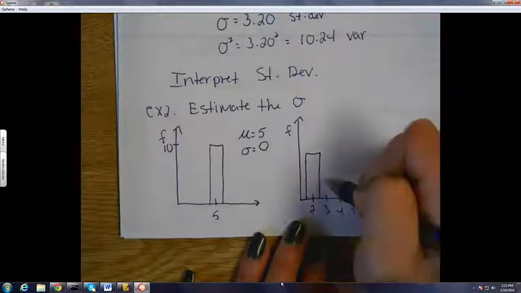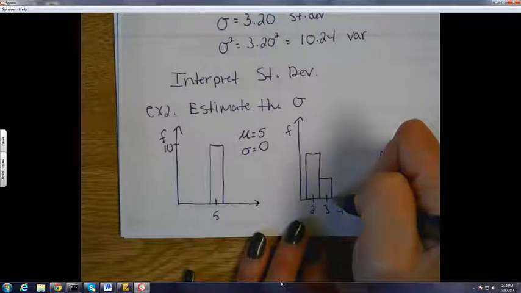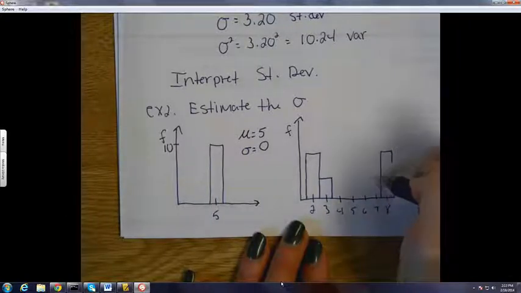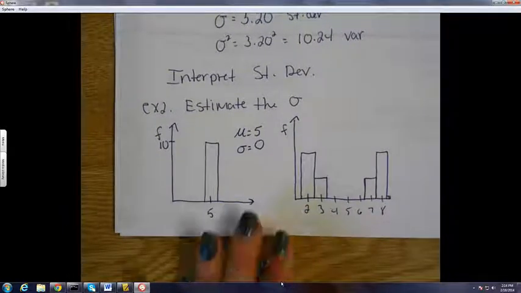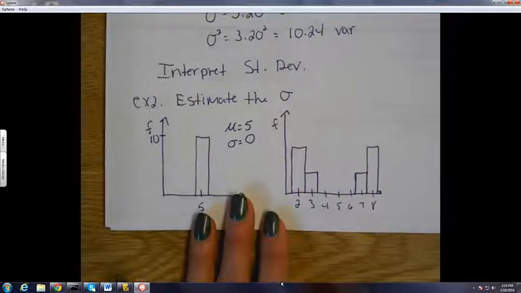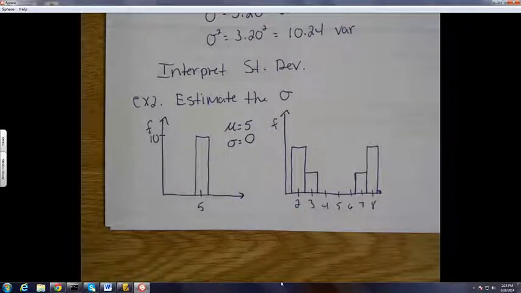And I've got a couple of 3s and a couple of 7s, same amount. I'm not even going to tell you how many of each I have. It's not important. Any guesses as to what the mean of this data set would be?